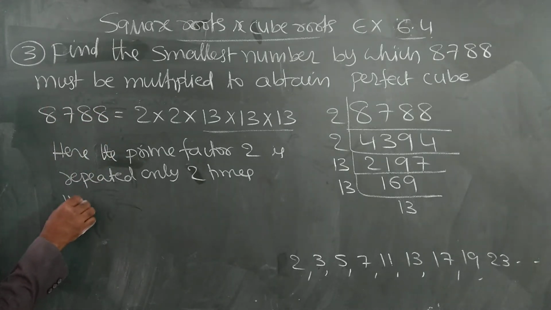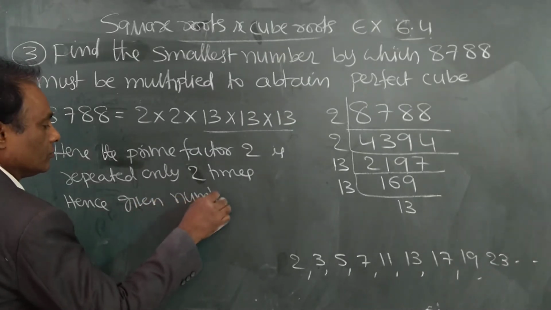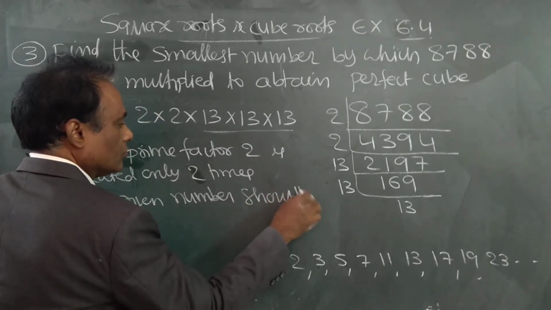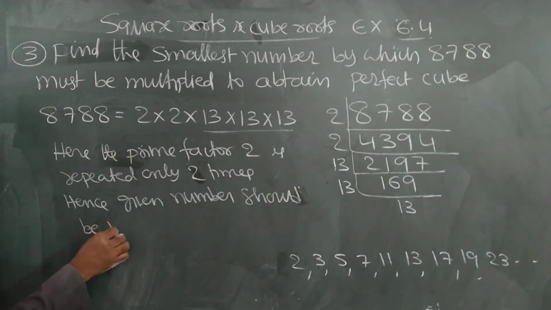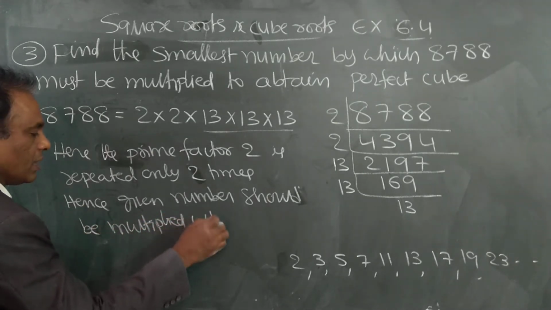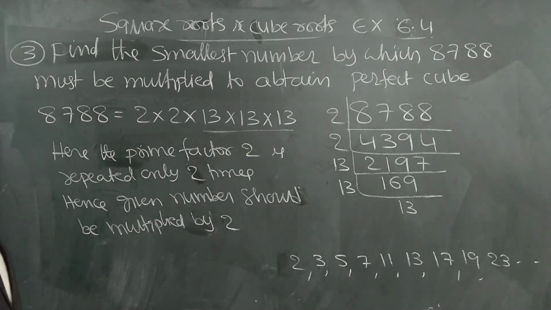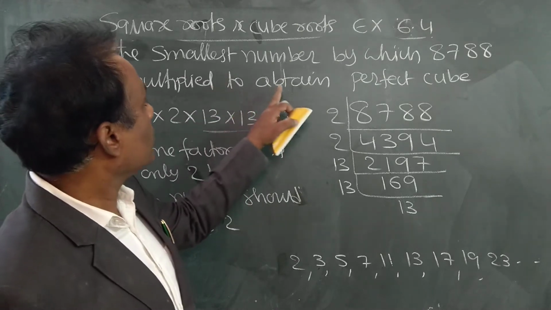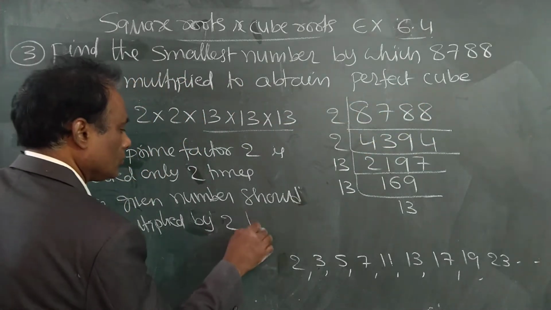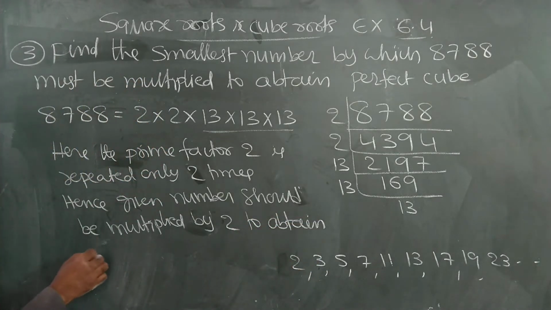So hence the given number should be multiplied by 2 to obtain a perfect cube, to make it a perfect cube.